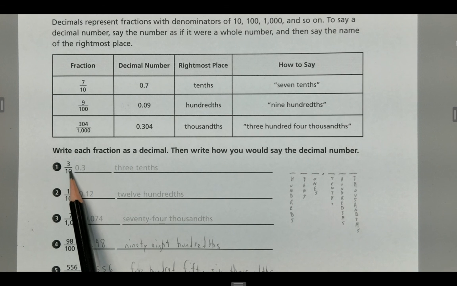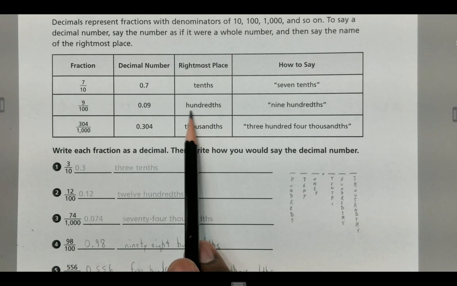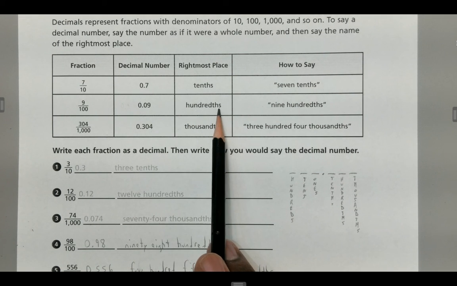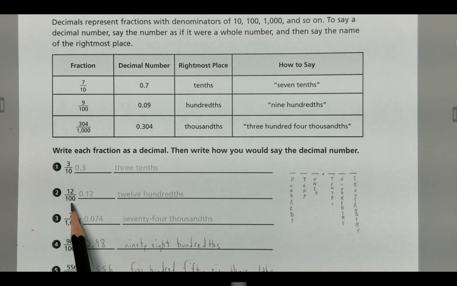And then if I can say the name of the fraction, I can say the name of the decimal in word form, 3 tenths. To spell the decimal place value, it's just the word ten followed by the suffix THS. And then similarly with hundredths, you're spelling the word hundred, THS. Thousand, THS.